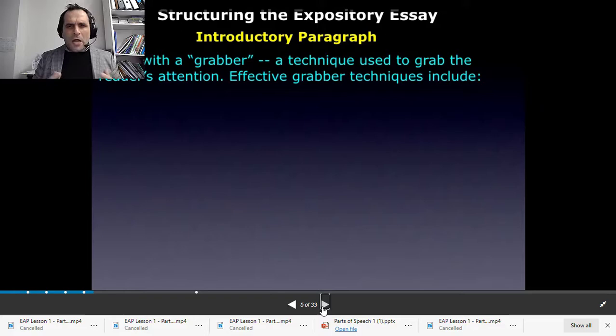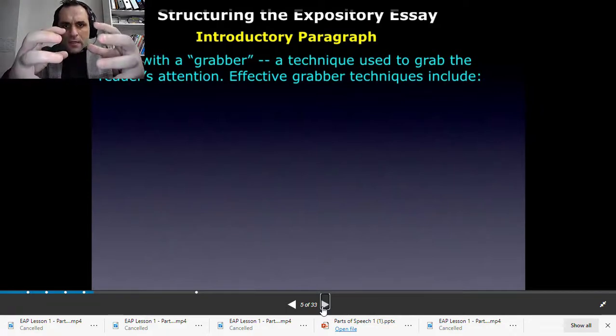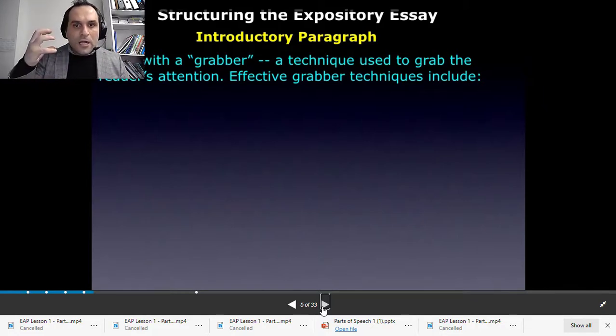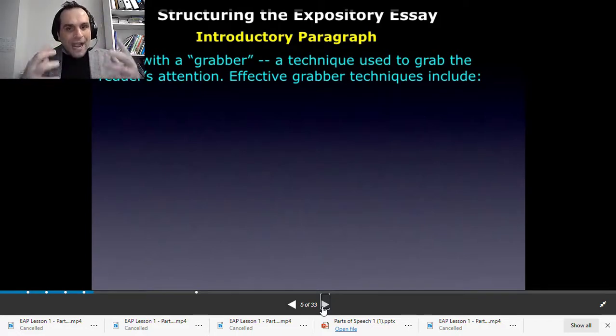What does grabber mean? Well, if something grabs you, that means you have to pay attention. It catches your attention. You need to catch the reader's attention.